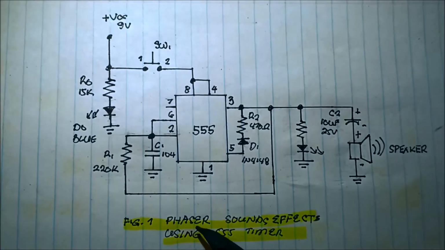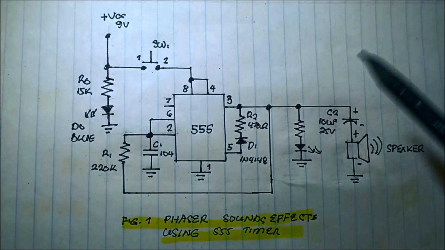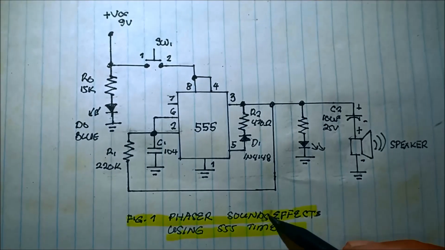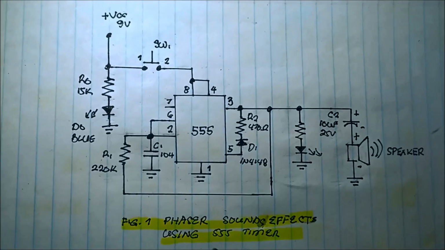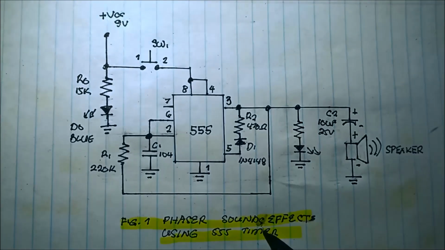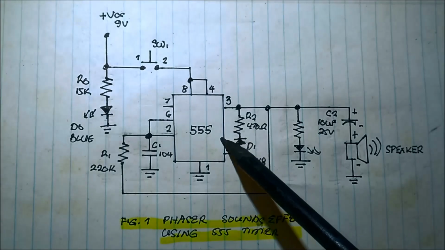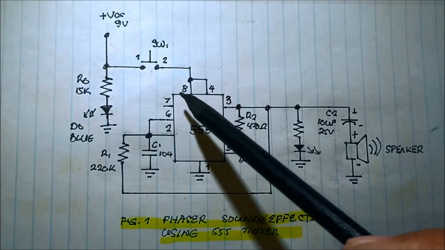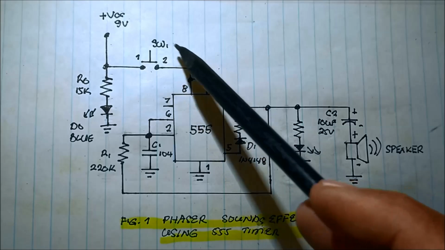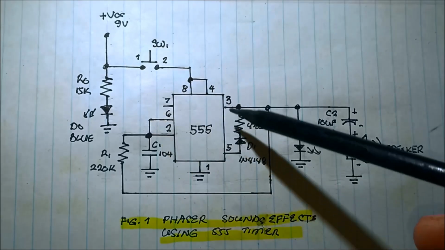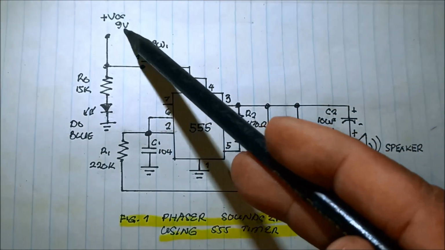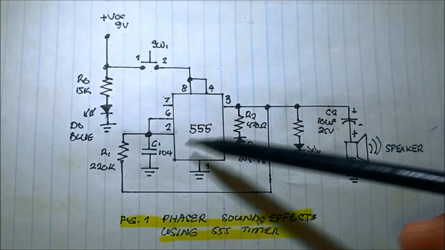We have the pacer figure 1, sound effects using 555 timer. And in our circuit there is no biscuit. In our circuit we're using 9 volts supply.